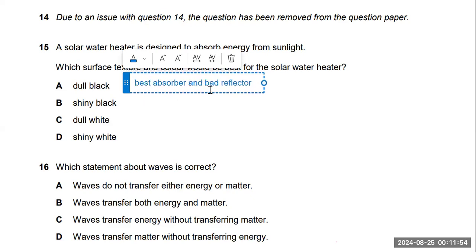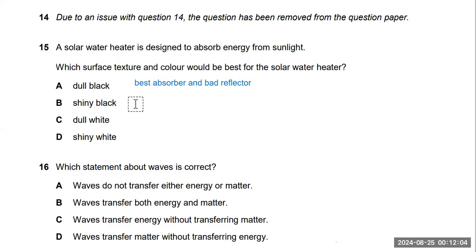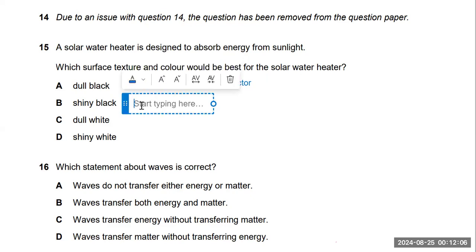It is a bad reflector, meaning when light falls on the surface of black color, the black color will absorb more energy and it will not reflect any light. If you look at shiny black, it can absorb, but a shiny surface will reflect a little bit of energy.